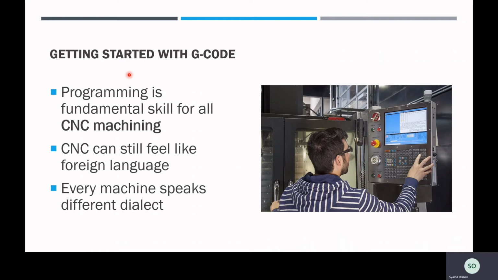Whether you are new to CNC programming and its most common language, the G-code, or you have been writing code from scratch for many years, CNC can still feel like a foreign language. And to make things worse, every machine speaks a different dialect that you need to understand. Do you understand what they're saying? And here we have the G-code basics you need to know to efficiently understand and write programs that produce a high quality product.